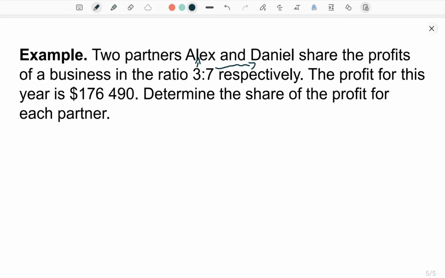So what we need to do is, let's take a look at our ratio. We can also sometimes look at our ratio as parts. So a 3-7 ratio has, we can say, 10 parts, because you have 3 from the 3, 7 from the 7, and 3 plus 7 is 10.